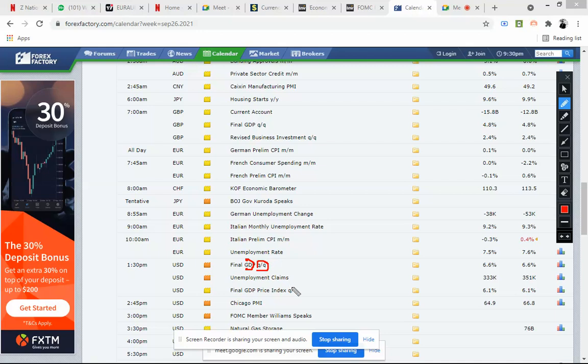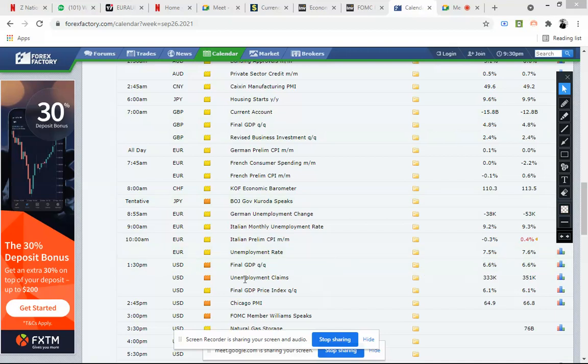Some you see YY, that is yearly. Just like the last quarter of this year, something is going to happen to USD on Thursday by 1:30. So that is about the GDP.